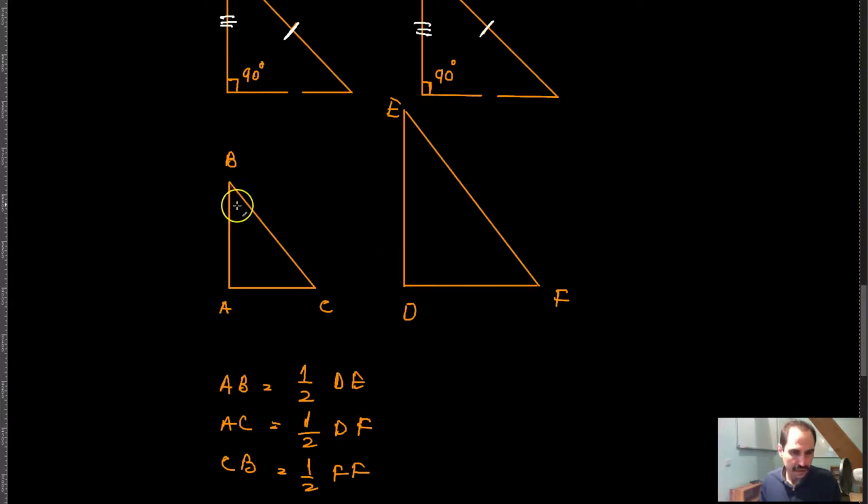So since these sides are proportional in size, the corresponding sides between the two triangles are proportional in size, meaning that DE is 2 times BA in size, DF is 2 times AC in size, and EF is 2 times BC in size, right?